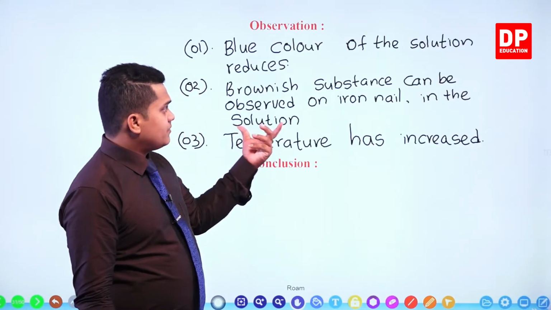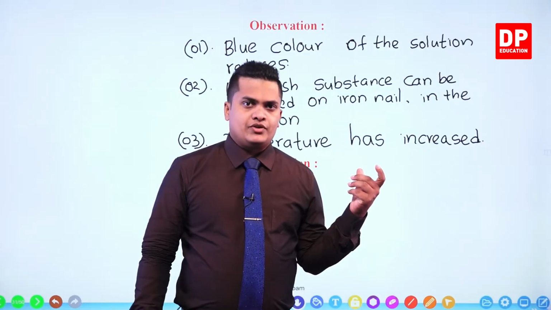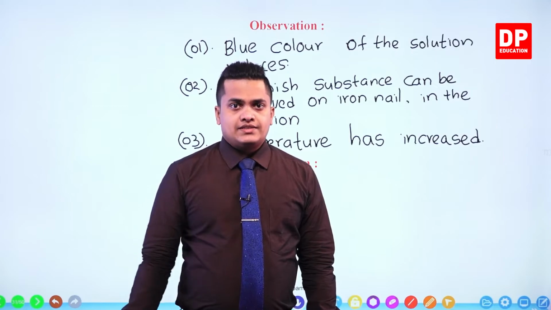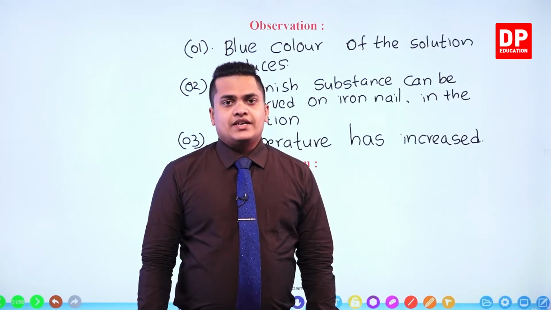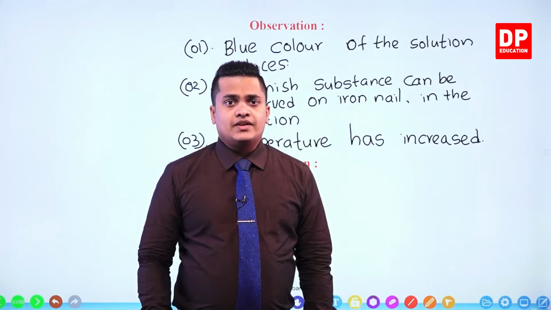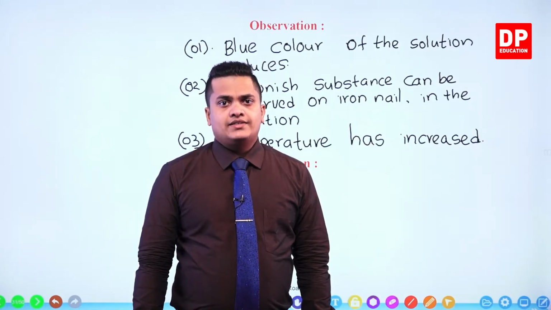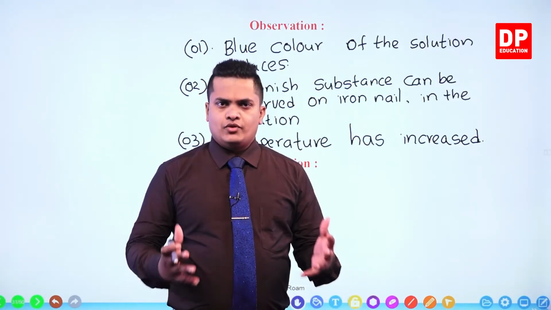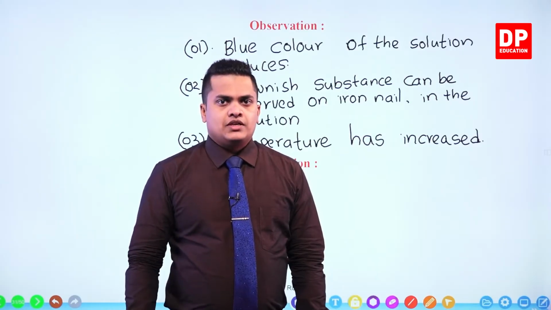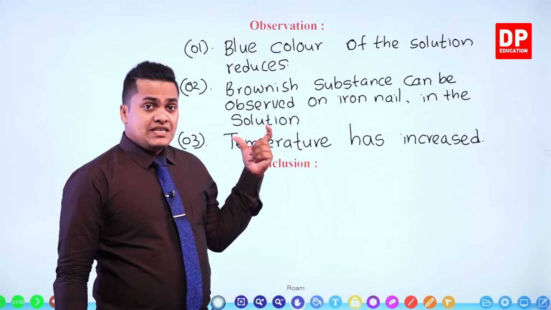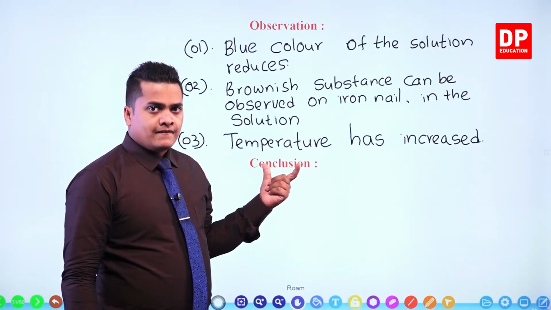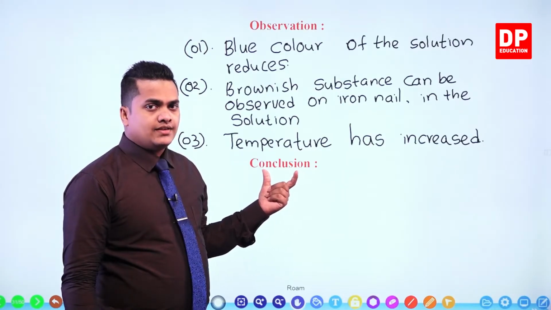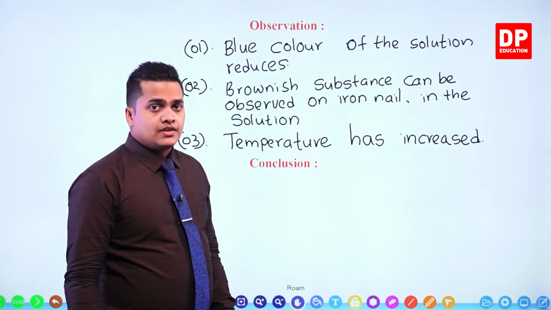So this brownish substance is a good example to show that there is a chemical reaction. A chemical change has occurred here. We can say that there is a chemical change by using the second observation. If a precipitate comes within the system, then also we can say that there is a chemical change.